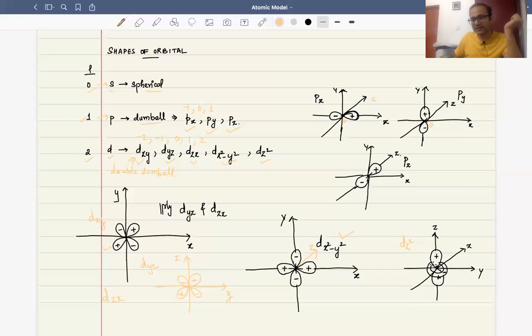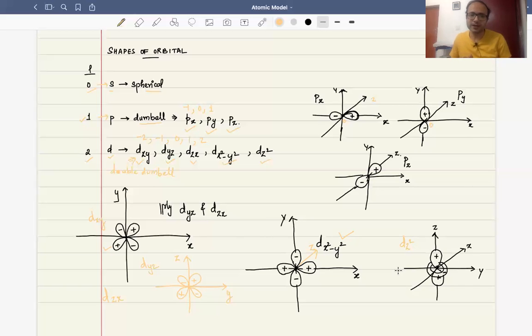Then apart from that, there is a perpendicular ring of electron cloud surrounding, falling in the xy plane. So if this is the xy plane, it's a perpendicular plane passing through the paper. So on that xy plane, you have a circular electron cloud ring, which you can represent with an opposite phase sign, that is minus. Okay, so this would be the shape for a dz square orbital.